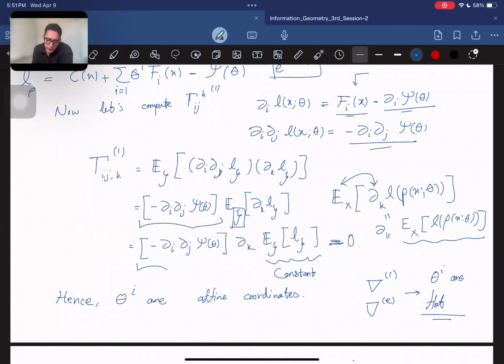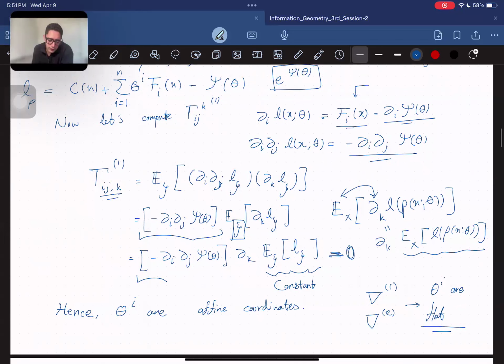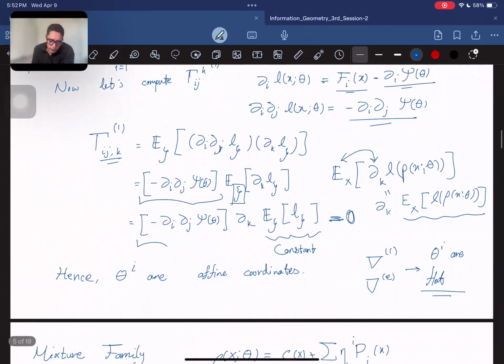So we have 0 for any parameter. So the theta i are affine coordinate system. And hence, we call this exponential coordinate system.